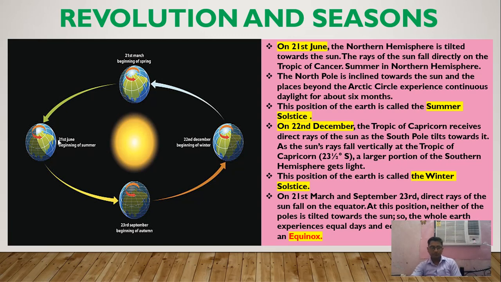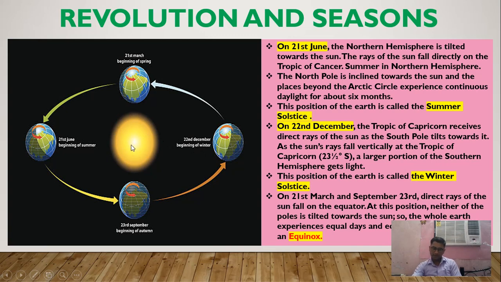Next, when the earth moves from this place to this place, its position changes. Now its southern hemisphere is tilted toward the sun, and the sun's rays are directly falling on the Tropic of Capricorn.